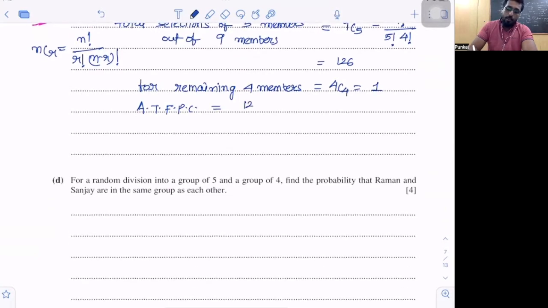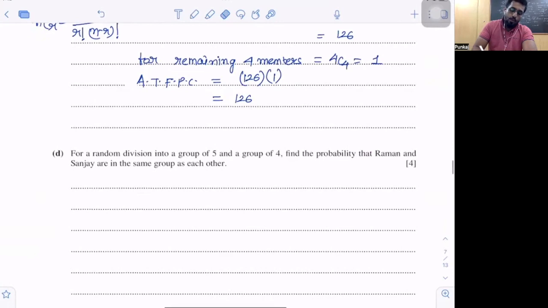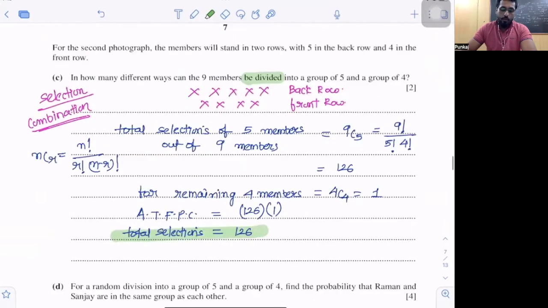It was done in 126 ways. And then the selection of 4 members, or you can simply say the 4 members which are left are the second group. So that can be done in 4C4, which is 1. So the final answer comes 126. So total selections is 126. That's the answer for part C.